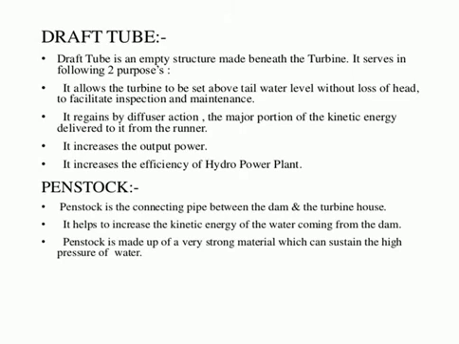It regains by diffuser action the major portion of the kinetic energy delivered to it from the runner. It increases the output power. Next, it increases the efficiency of the hydropower plant.